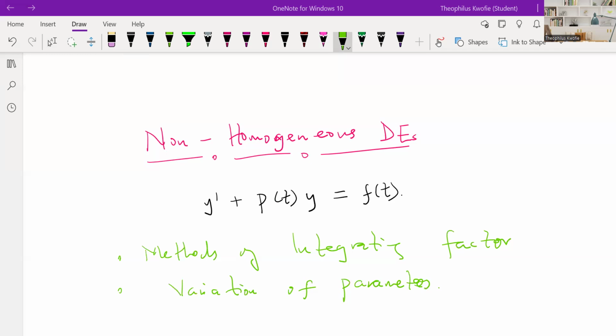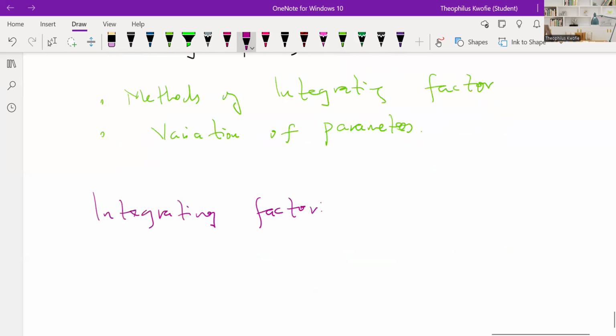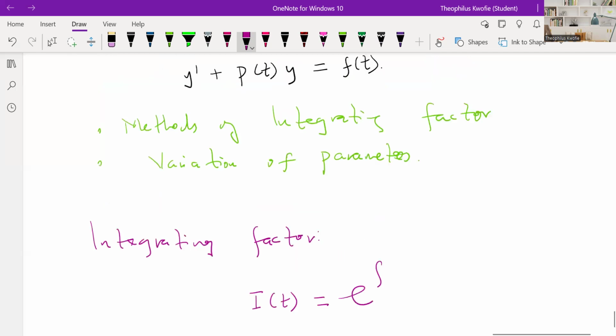It is important that I talk a bit about the integrating factor. So integrating, let me write it here. I'm not going to prove it, but we are just going to use it as a method to solve the problem. So we want to say that this integrating factor, which is I of t, is equal to e to the power the integral of, now what are we going to pick?